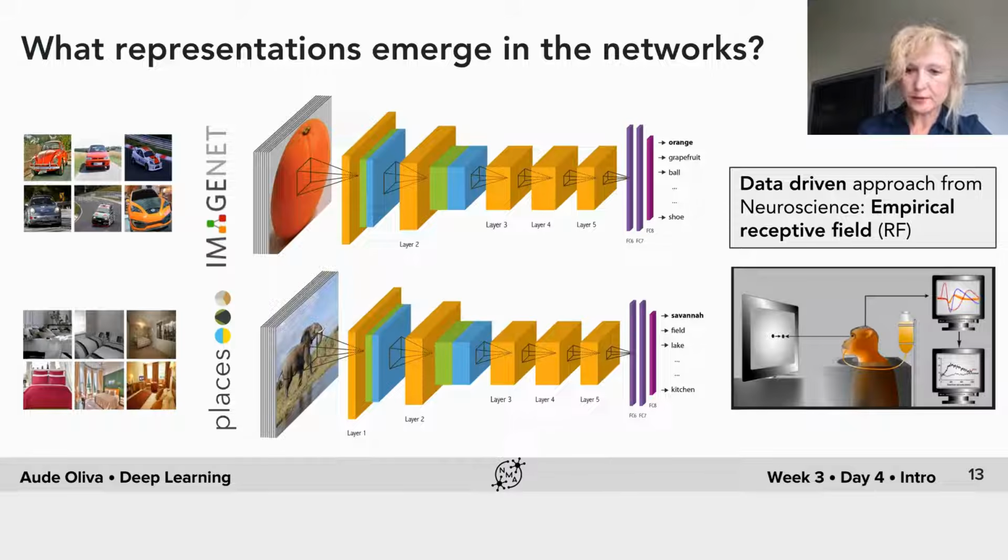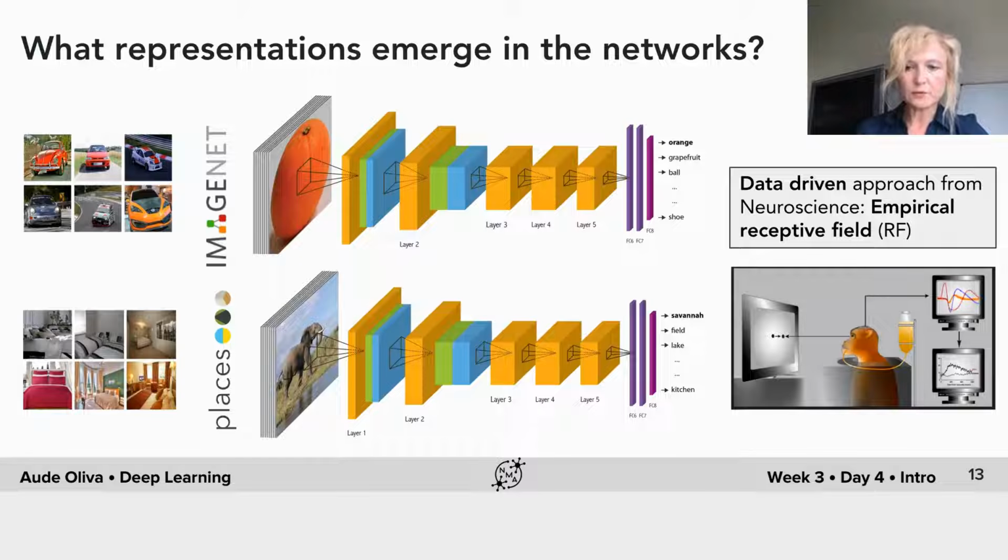The data-driven approach is inspired by neuroscience. Neuroscience is a field of study that is used to study black boxes, like brains. The basic idea is that you show a specific image or pattern to a brain while recording the response of a cell. Then you show another pattern and record the response of the cell again, and so on for many patterns and many cells.